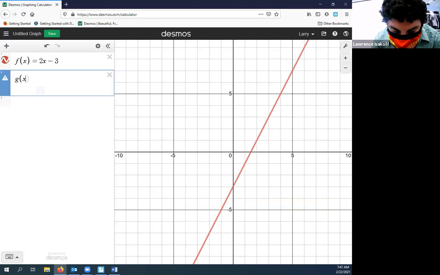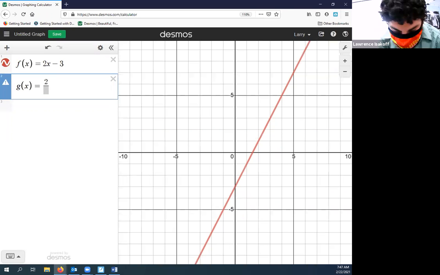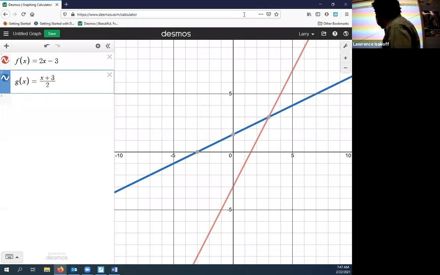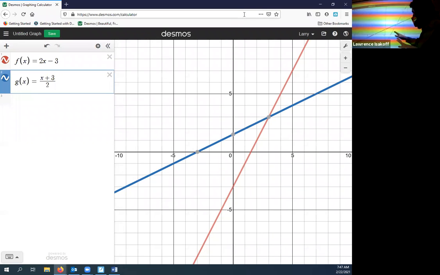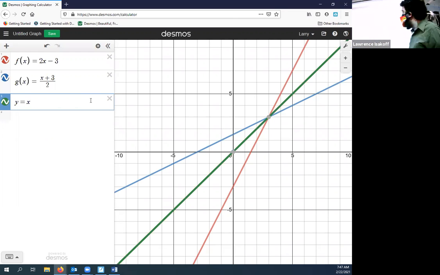Then g of x is equal to x plus 3 divided by 2. So we see that in red and blue. These are inverses of each other because they are reflected over the line y equals x.